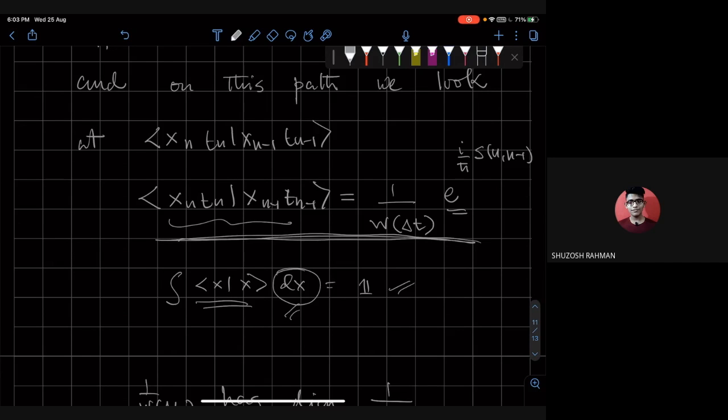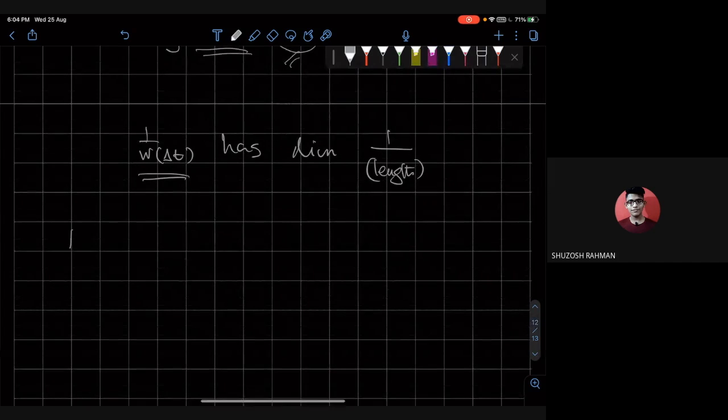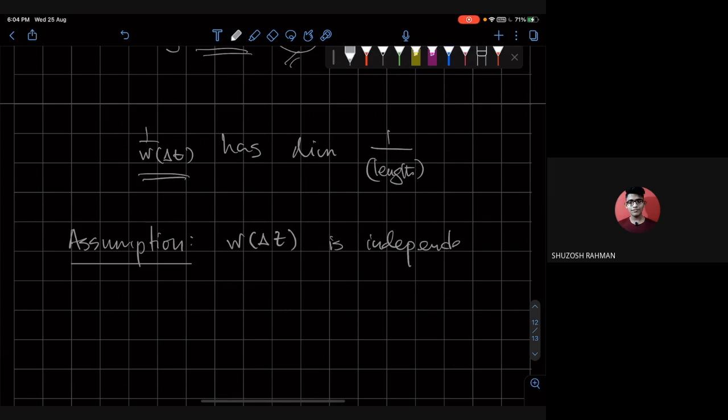Okay, so now the assumption here is that, again, this is an assumption that is motivated by quantum mechanics, because in quantum mechanics, that's how it turns out. The assumption is that W is independent of the potential V of x.